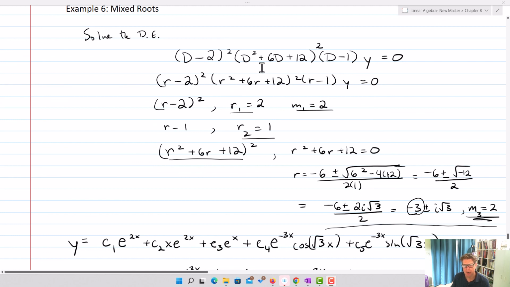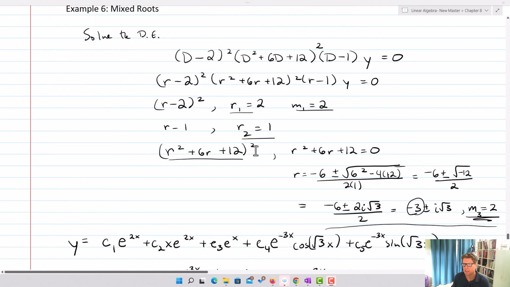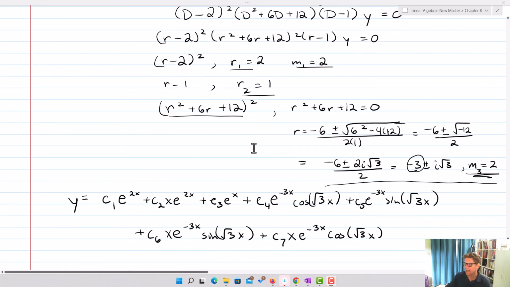Then I've got a squared term that is itself squared, so that's the fourth power. So that's 2 plus 4, that's 6. And then I've got my 1 for D - 1, so that's 7. That's also how I know that I'm going to end up with 7 linearly independent solutions to this particular homogeneous differential equation. It's just something to keep in mind. I'll point it out every once in a while as we're working: how many of these solutions should I expect to have?